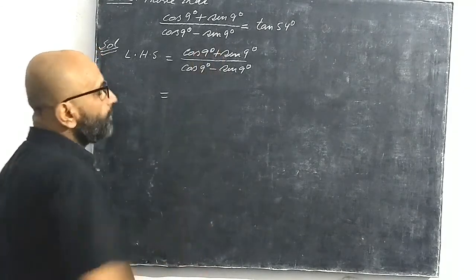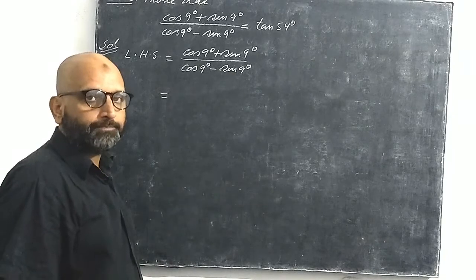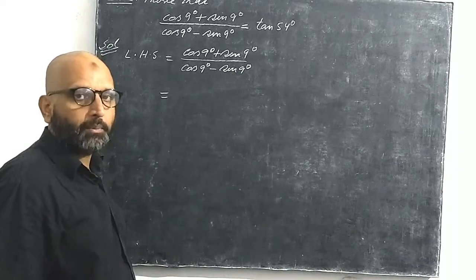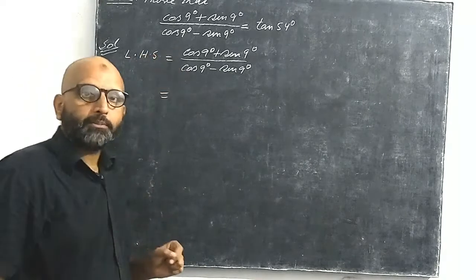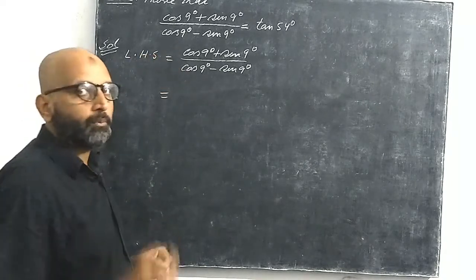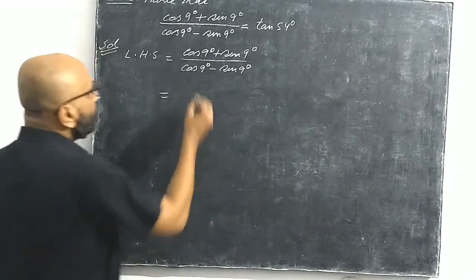So numerator and denominator of any fraction may be multiplied or divided with the same number. So we are going to divide numerator and denominator by cos 9 degree. Be careful, by cos 9 degree.